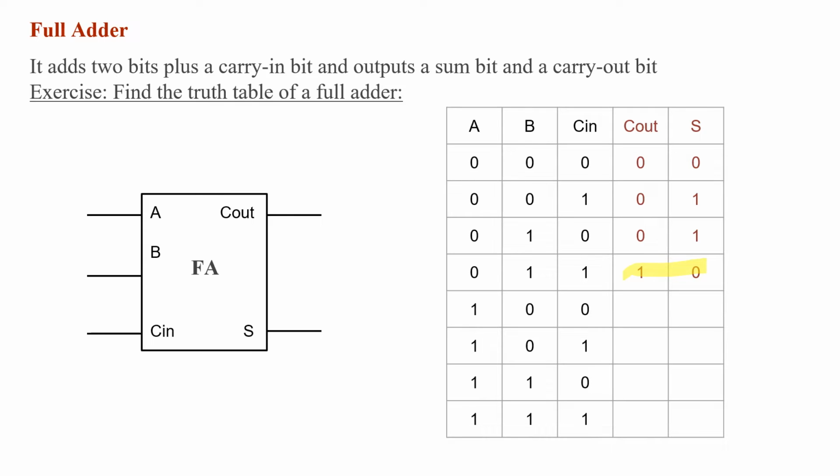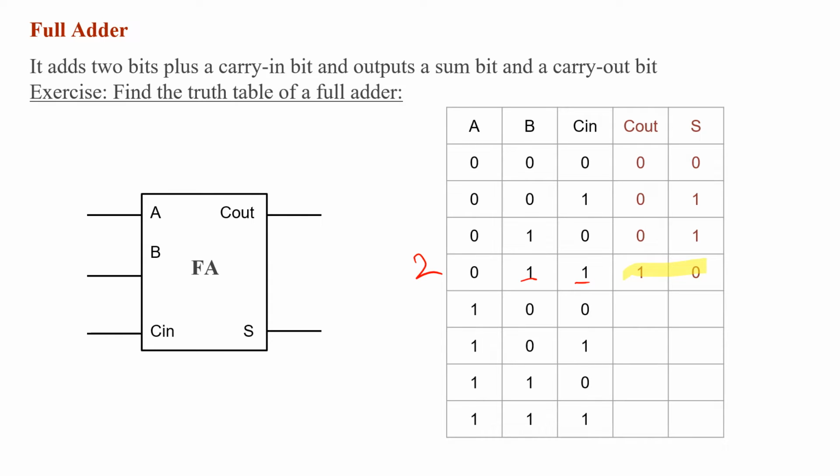That means we cannot have the sum equal to 2, but instead we assigned the sum bit a value of 0, and we said we're going to have a carry out of 1. This is because, again, the addition of 1 to 1 gave us 2, and 2 in binary is 1 in carry out and S is 0.